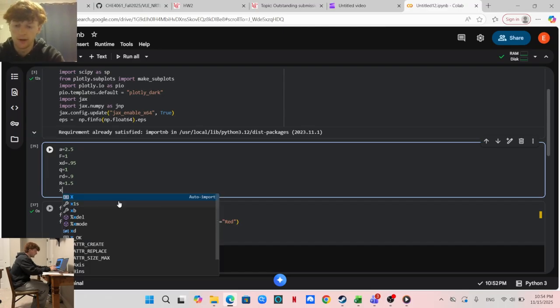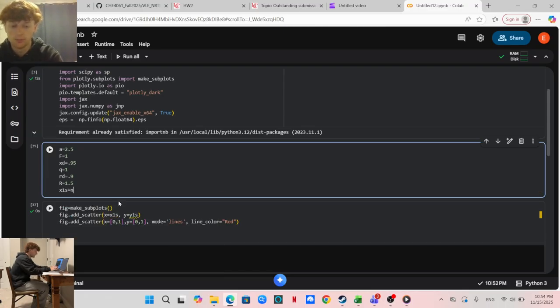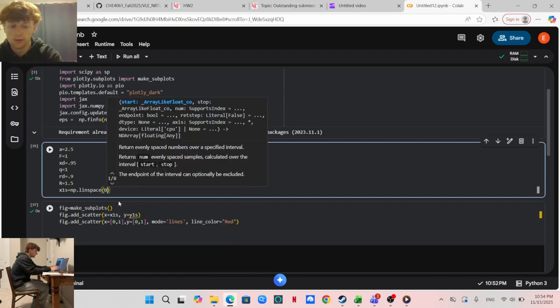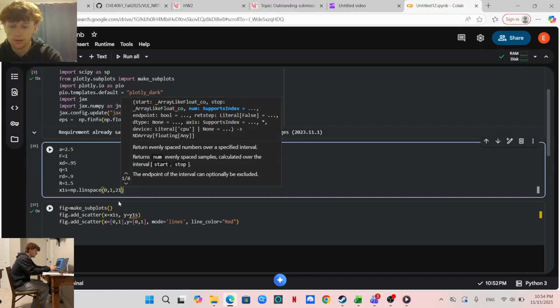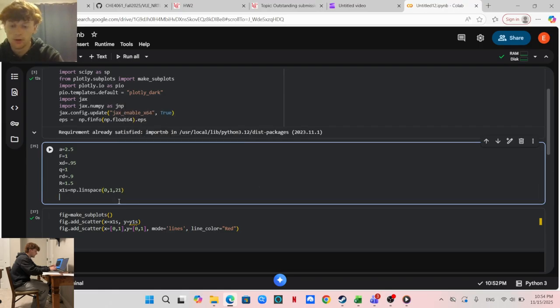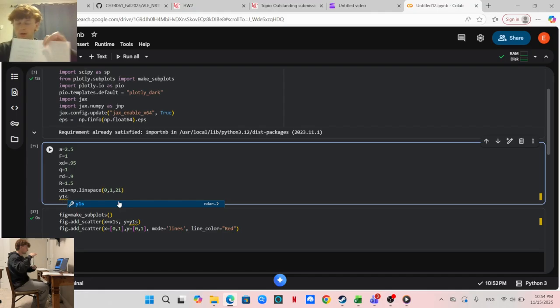But first off, we also need our x1s, so np.linspace 0 to 1, 21 times. And then we want our y1s. So we'll use the equation from before where we solved for our volatility. We use our volatility to derive an equation that solves for our vapor mole fractions.